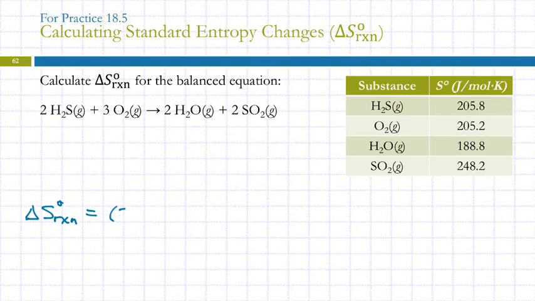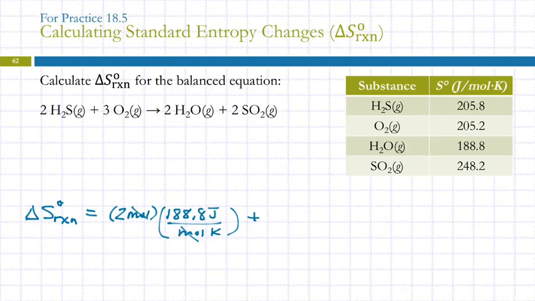So I have, and I'm going to be tedious and put the units in here. I have 2 moles of water, and the standard entropy of water is 188.8 joules per mole Kelvin. When I multiply those, the moles cancel out.